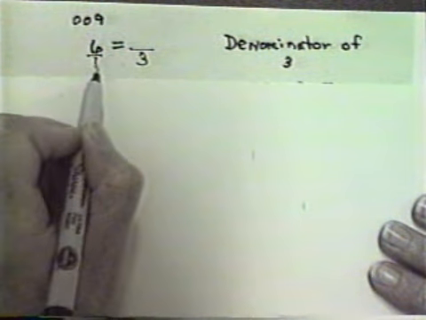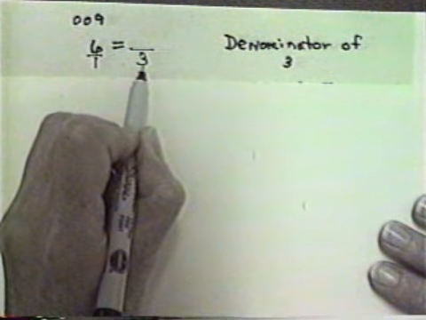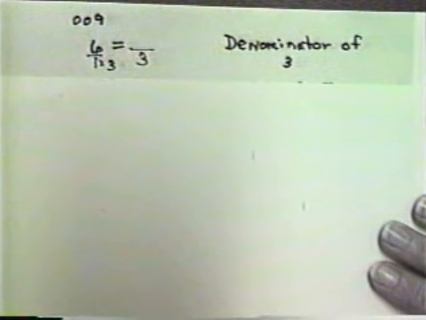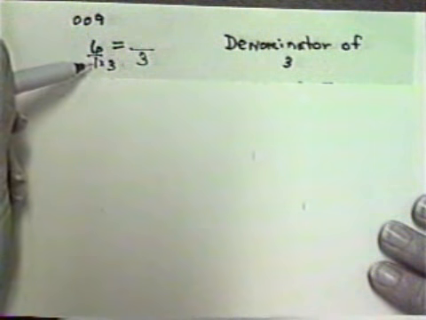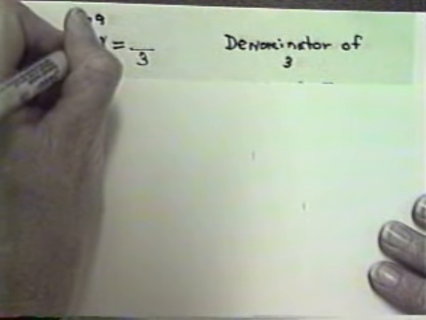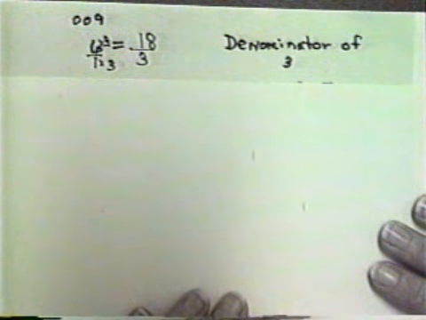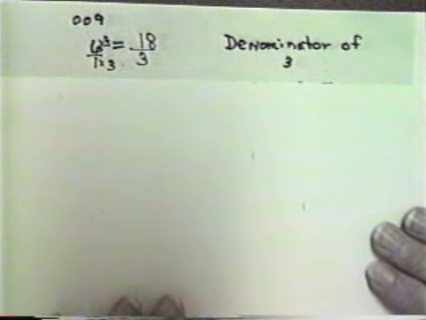Now I can say, what do I multiply 1 by to turn it into a 3? It would be by 3. If I multiply the denominator by 3, I have to multiply the numerator by 3. 6 times 3 gives me 18/3. So 6 can be turned into 18/3.